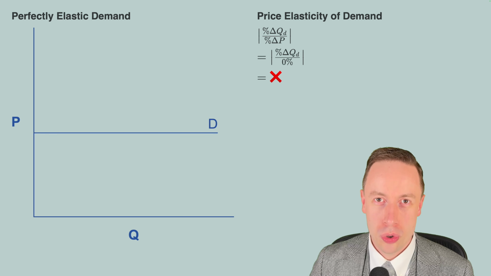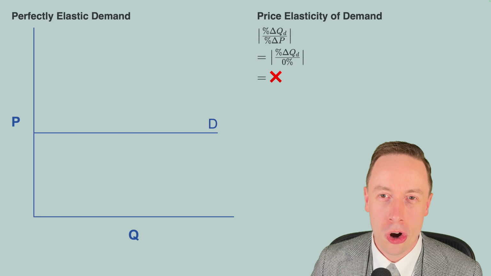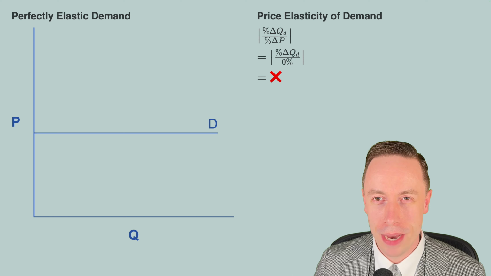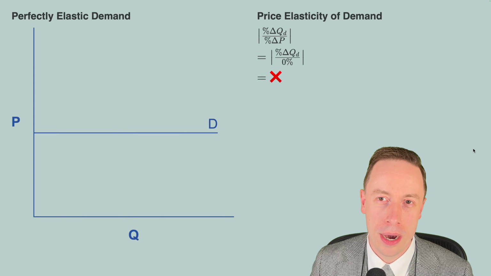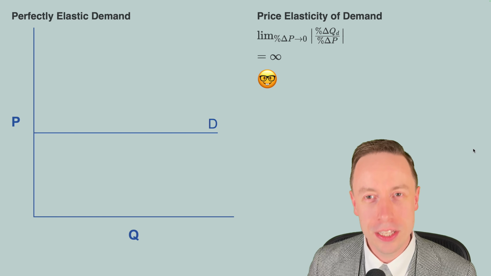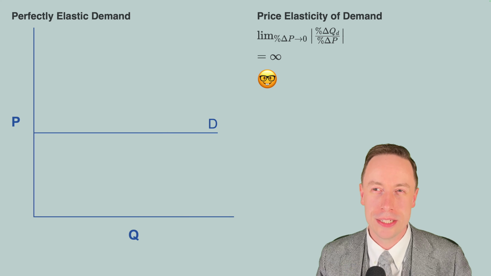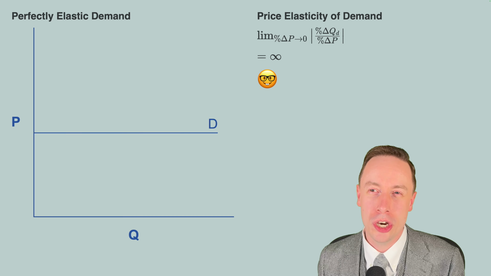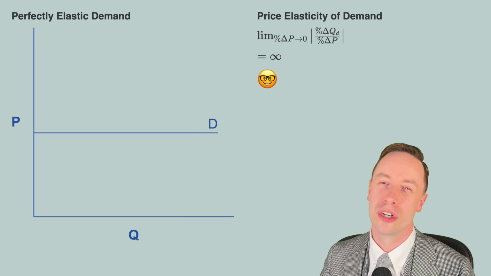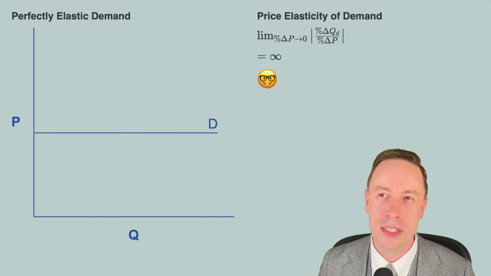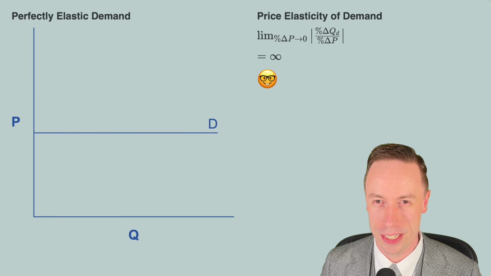However, just to have you a little bit aware of how economists might talk about this perfectly elastic demand curve, if you end up applying super nerdy advanced math and say, hey, as the percentage change in price here approaches 0 from a bigger number, you could say that this elasticity is approaching infinity.